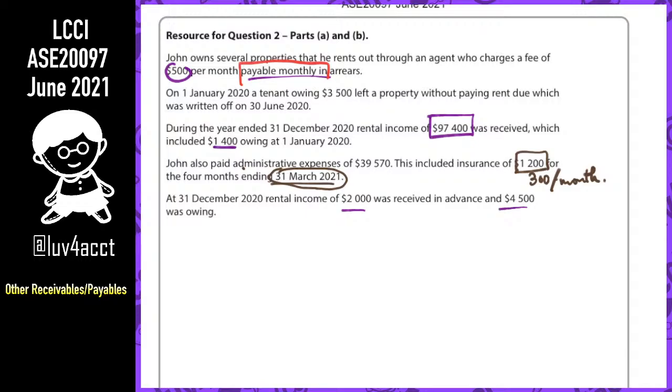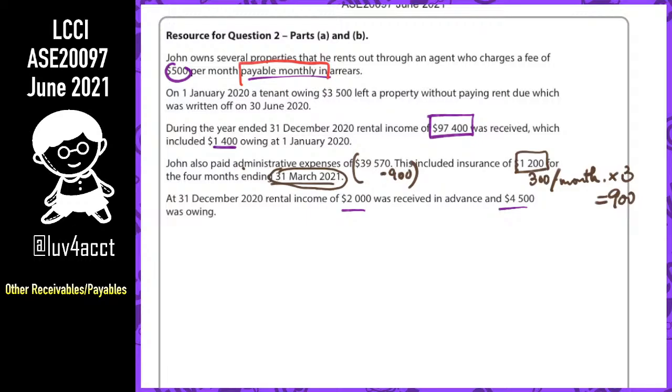That means out of 1,200, we have 3 months prepayment, that is 900. So this 39570, we have to reduce it by 900. For prepayment, the adjustment is negative because we have paid for it.